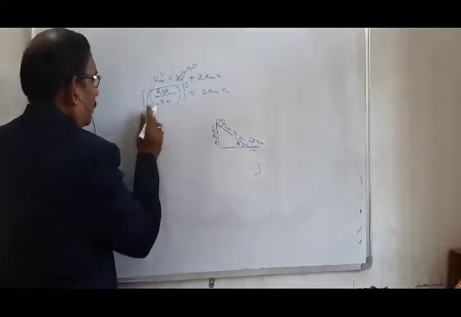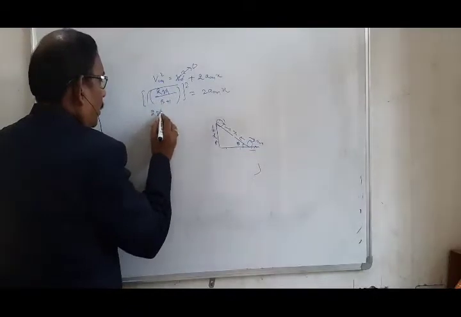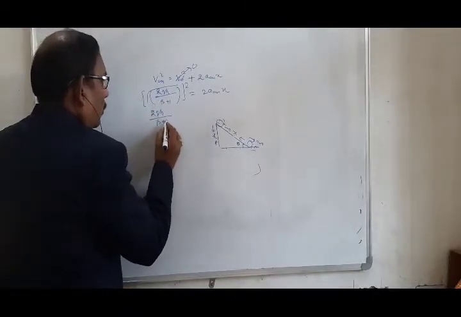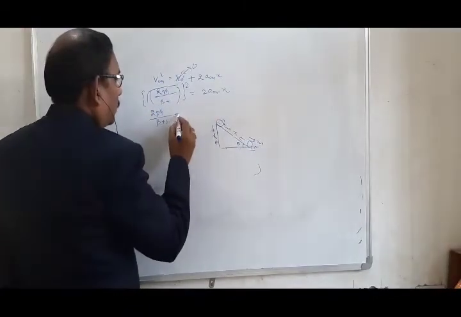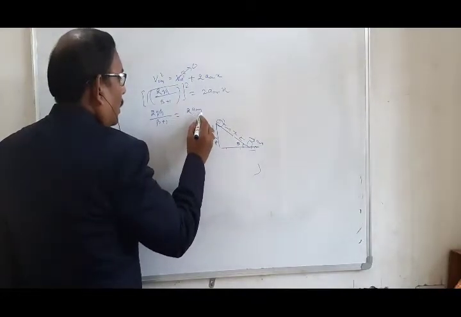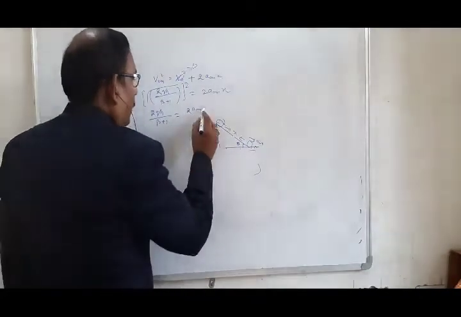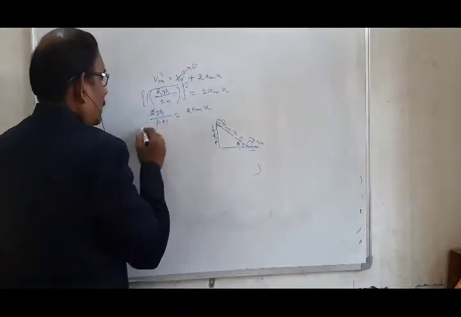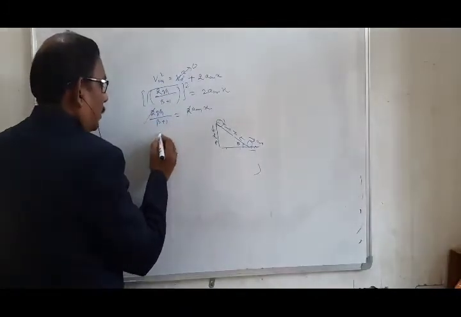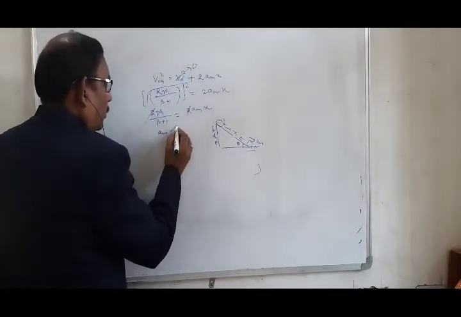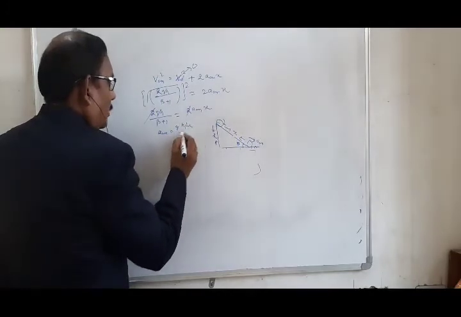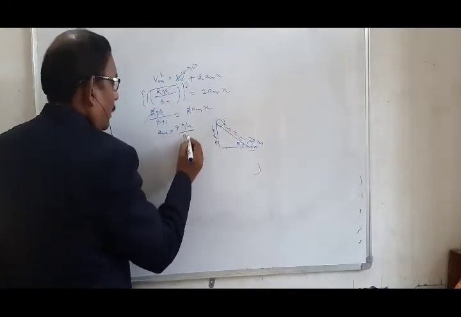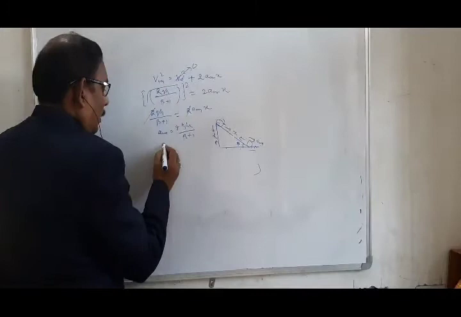Now the equation became 2 g h by beta plus 1 equal to 2 A_CM x, where A_CM is the acceleration of the center of mass. So cancelling the factor 2, A_CM equals g h by x times 1 by beta plus 1.